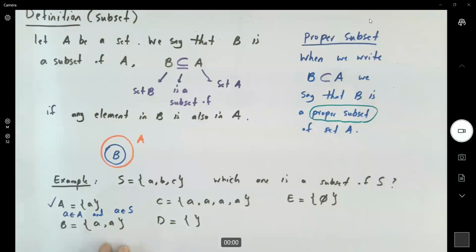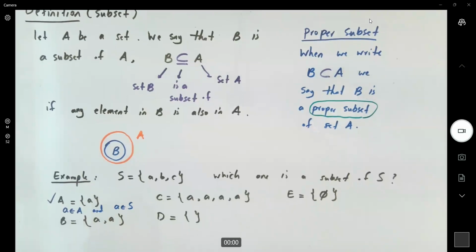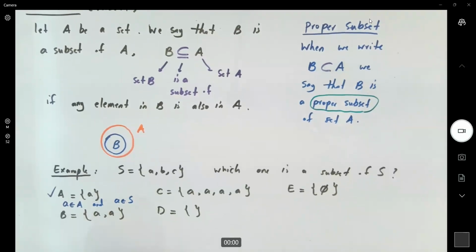What about B? I have repetition here. I see A, comma A. Well, when you see repetition, what is actually happening is that this set has only one member. The repetition in a set doesn't count.